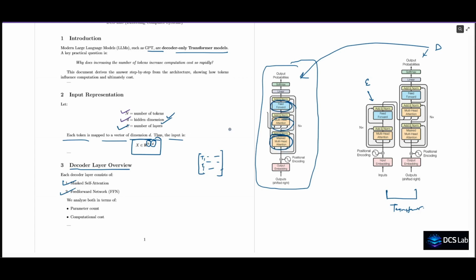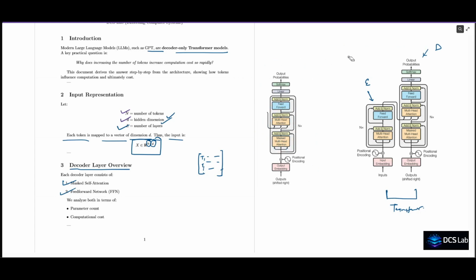For this video, we are focusing only on the feed-forward neural network and the attention layer. The reason is pretty simple: the maximum impact is given by these two components, the feed-forward layer and the masked multi-head attention layer. The add-and-normalization layers have negligible impact, as you will see later in the video.